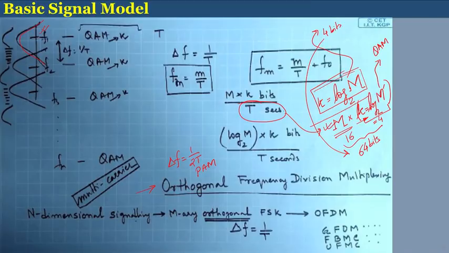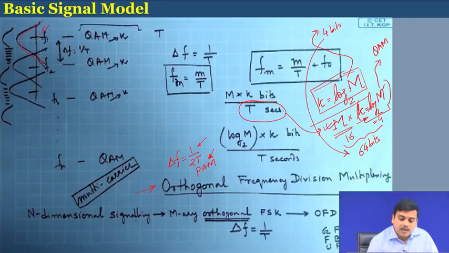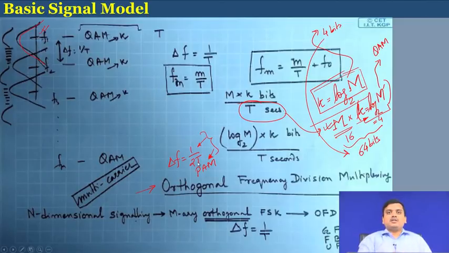So, although we are going for a lower spectrally efficient signaling format, since we are using a narrower bandwidth, we are packing a larger number of carriers, and hence we are not losing any spectral efficiency in this particular case as well.